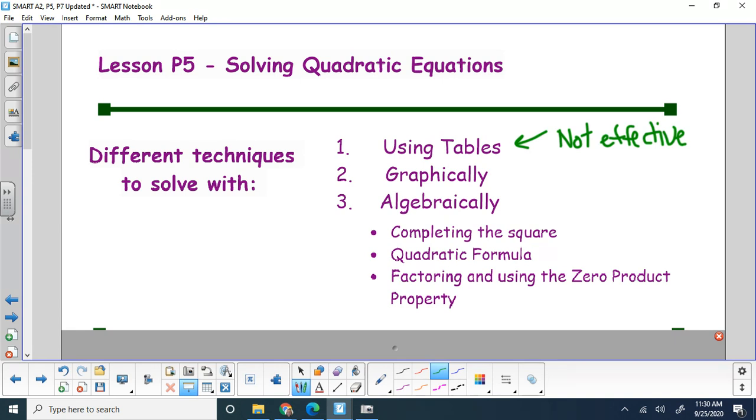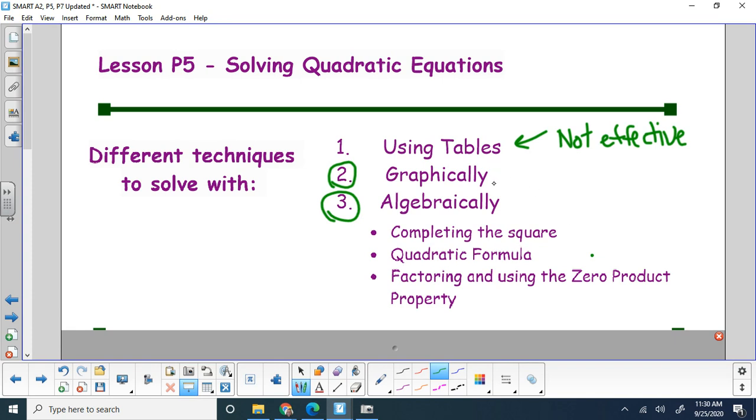It gives you an idea of where the 0 or the intercept might be happening, but it doesn't really help us. So I'm going to really discourage using the table. You can use the table if you feel like it helps you narrow it down or check your work, but really we're going to be depending more on option 2 and option 3.